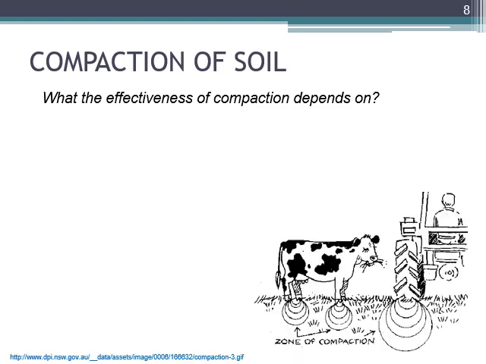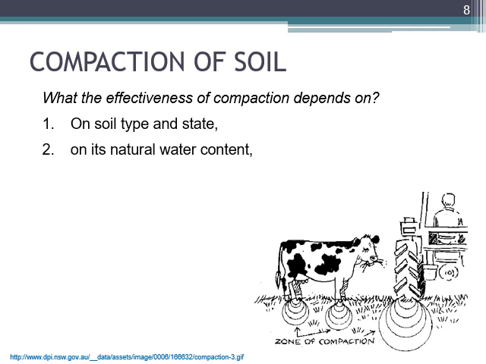The effectiveness of compaction depends on several factors. First of all, it depends on the soil type and its current state, because some soils will compact more, some soils will compact less. It depends, of course, on the maximum and minimum possible void ratio of the soil. It depends also on the natural water content of the soil.